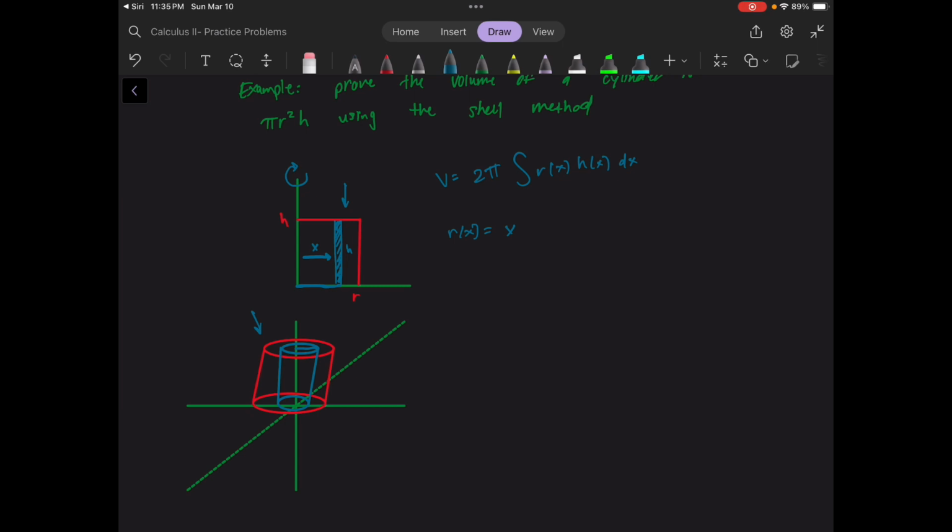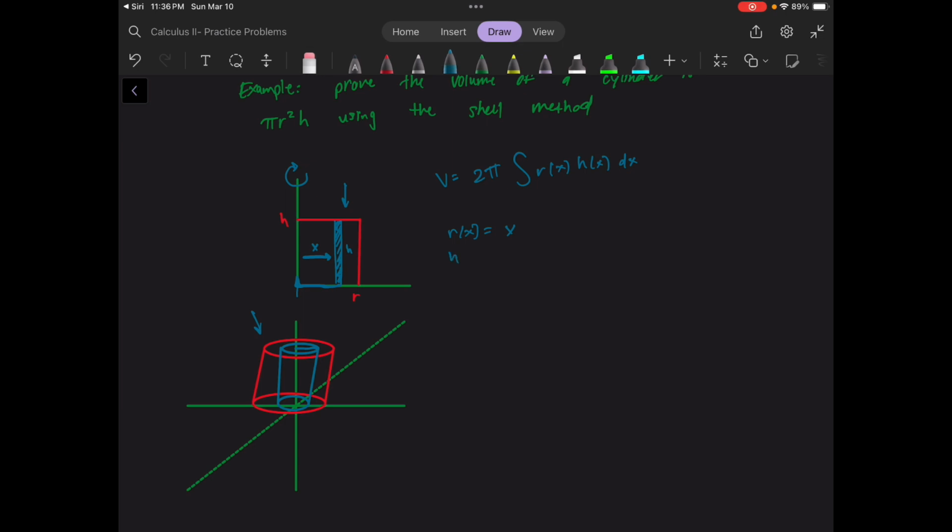In summary, when we're here at the origin, you can see that the radius of the shell at the origin is 0, which is why at x equals 0, there's an r of 0. But when we're at this x value r, we're at the entire radius of r. So x is just the r of x function.